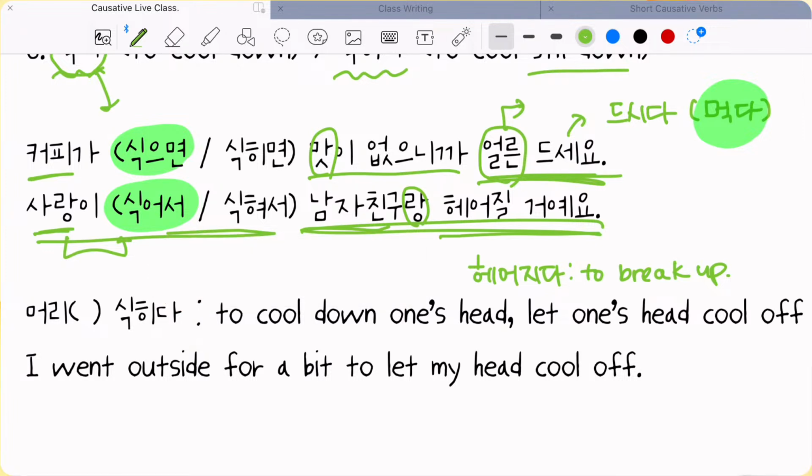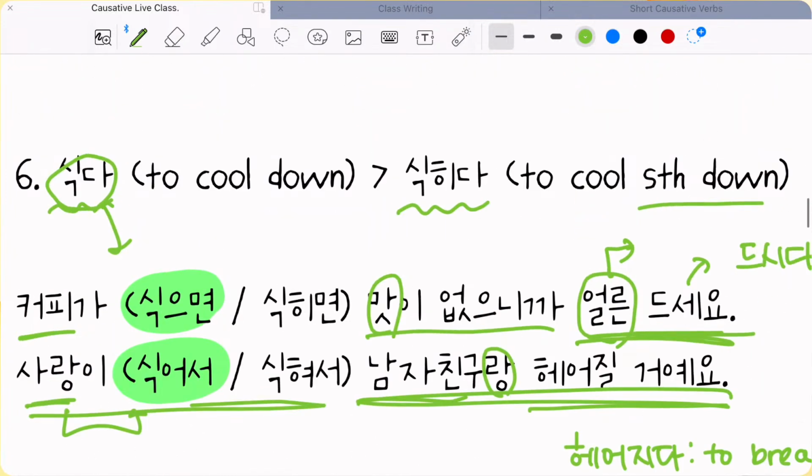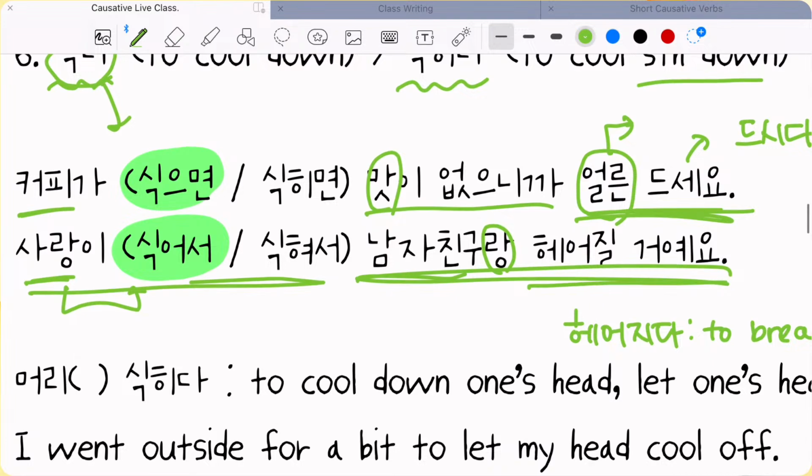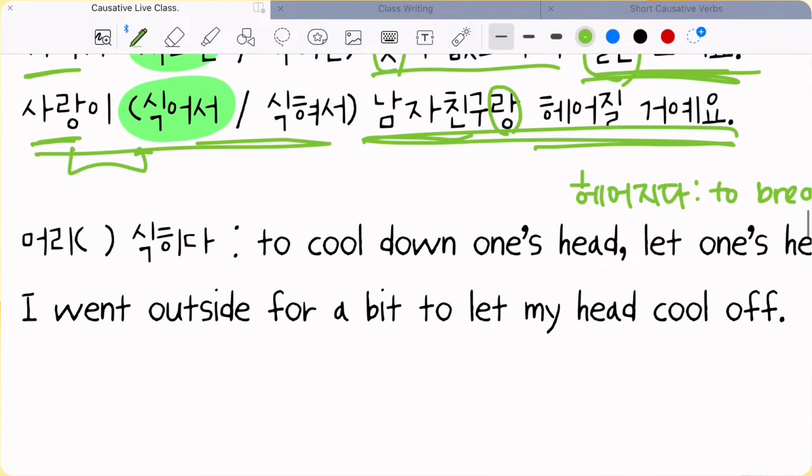그 다음에 그리고 식히다는요. 식히다 is obviously 식다's causative form. And if you want to say to cool down your head, that's when 식히다 is used the most commonly. So you can say 머리를 식히다.